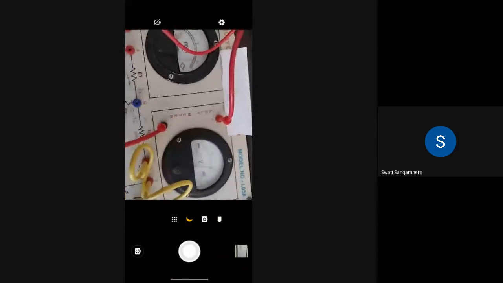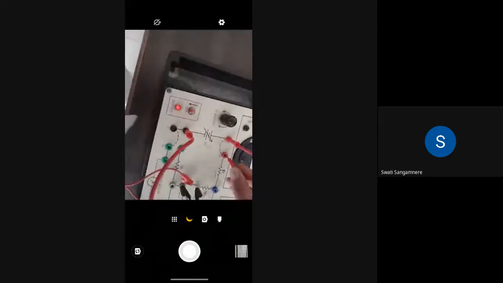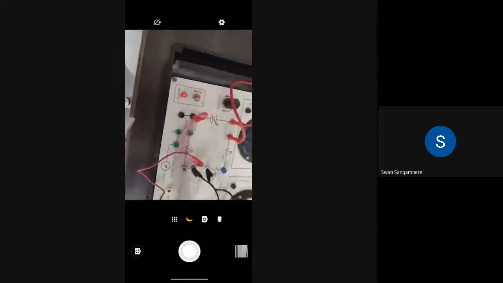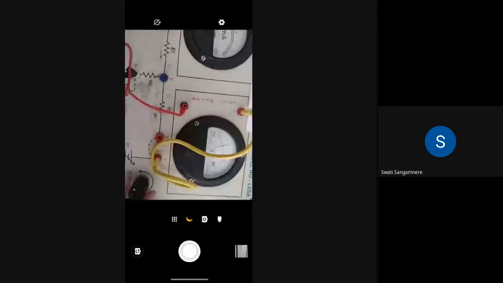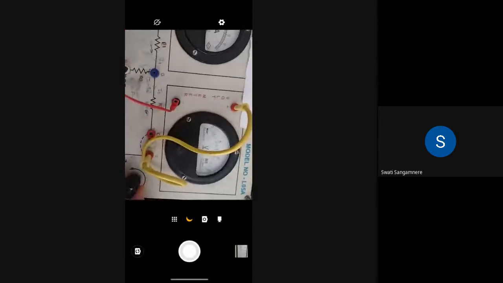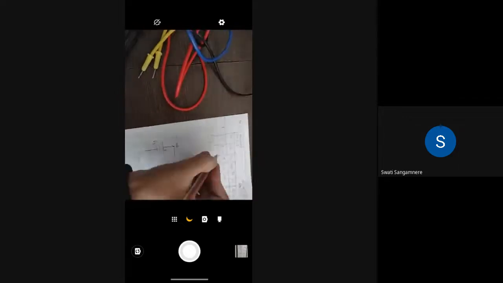So node voltage VA will become 10 volt. Then we can adjust the second voltage source like this. See, the second voltage source voltage is 10 volt. So VC becomes 10 volt.